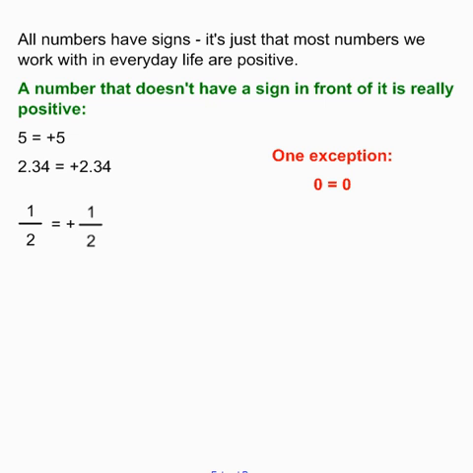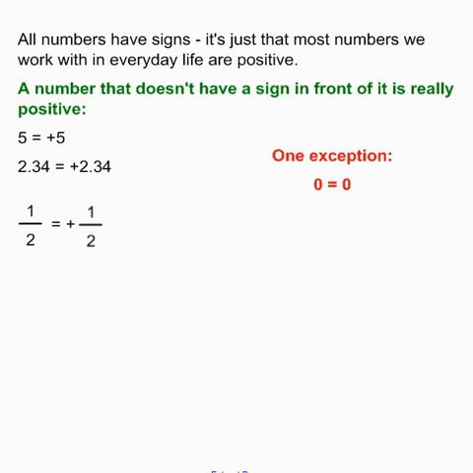Okay, so I want to make sure you know that all numbers have signs. So when we talk about signed numbers, really all numbers are signed numbers. It's just that most numbers that we work with in everyday life are positive, and so we just don't write the positive sign next to it. But here are some examples down here.